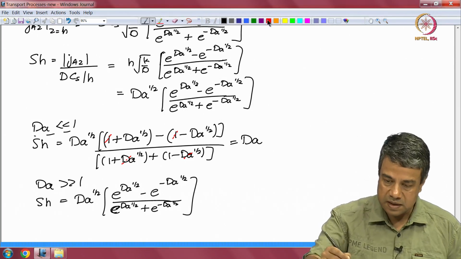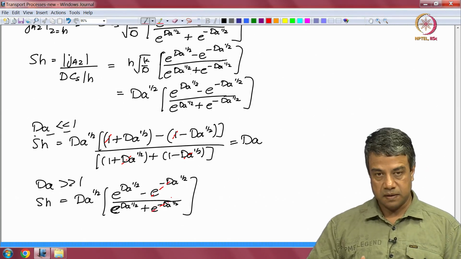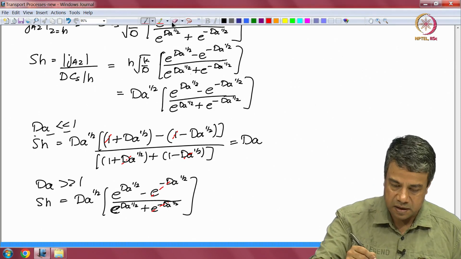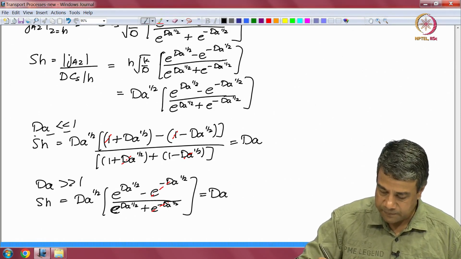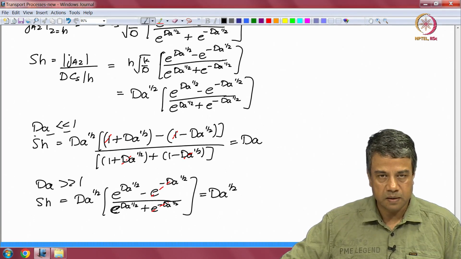So, in this case I can neglect these two terms in comparison to the first term, and the ratio of numerator and denominator tends to 1. So, I just get dA power half. The Sherwood number is equal to Damkohler number power half.